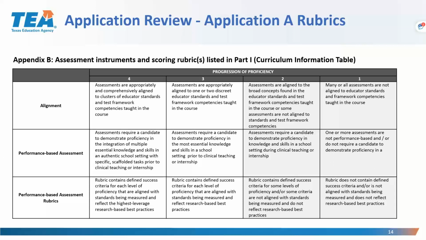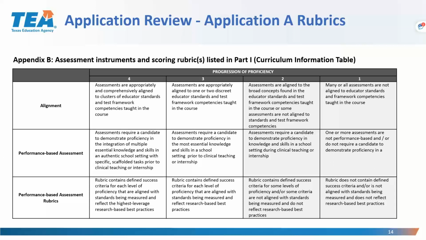Here, TEA will look for alignment between the assessment to the curriculum standards and test framework competencies identified in the course curriculum tables in Part 1. TEA staff will also review the assessment to ensure it provides candidates with an opportunity to demonstrate proficiency in the educator standards and test framework competencies.